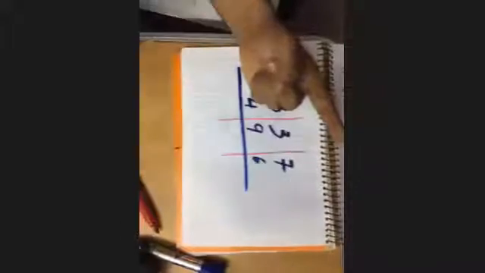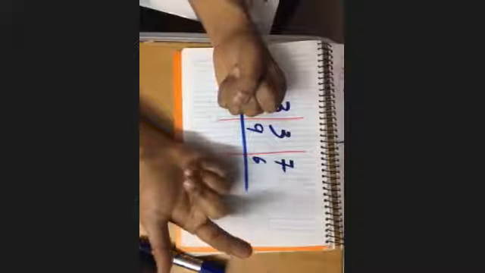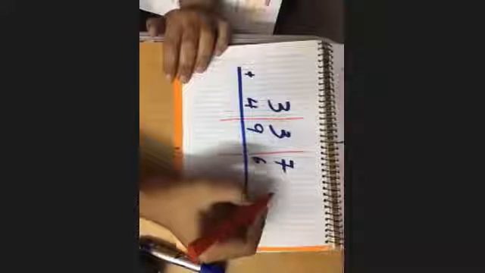And add 7 plus 6. Put 7 in my head and 6 in my hand. Okay? After 7, 8, 9, 10, 11, 12, 13. So 7 plus 6 equals 13. Write it behind.